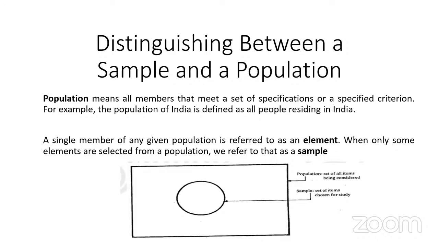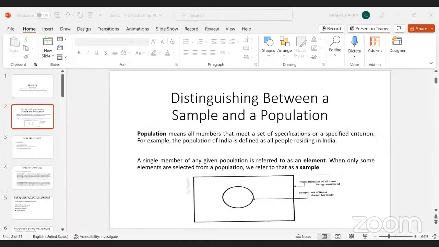But the sample will be only those from the population whom we actually include in our study, a portion of that population, and that portion is called the sample.